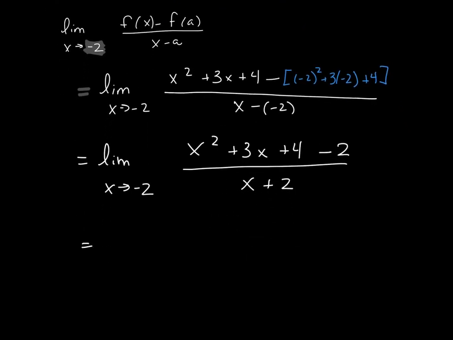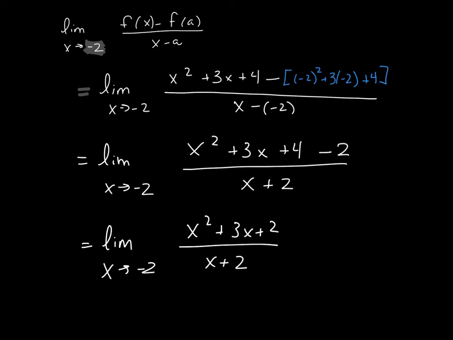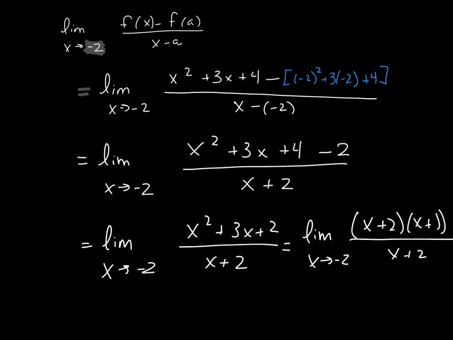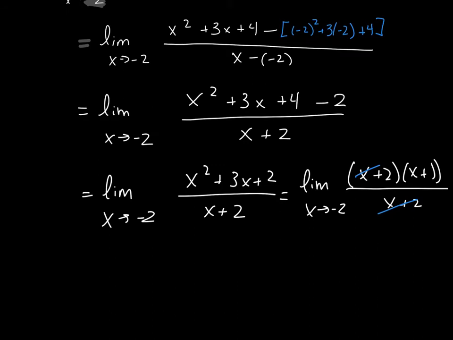When I simplify that, I get the limit as x approaches -2 of x squared plus 3x plus 2 all over x plus 2, which is equal to the limit as x approaches -2. I'm going to factor the numerator, and I get x plus 2 times x plus 1 all over x plus 2. The denominator cancels, and now I can go ahead and use direct substitution.